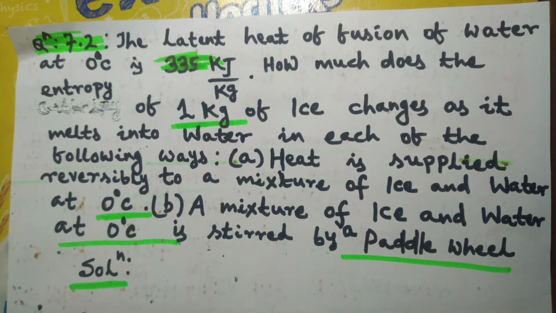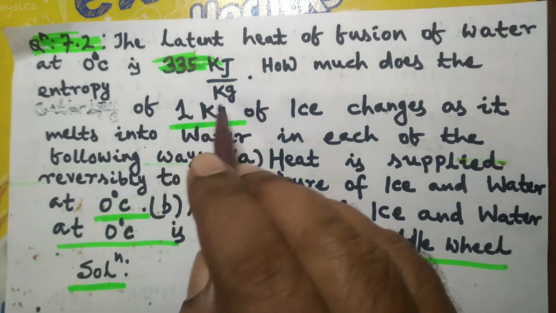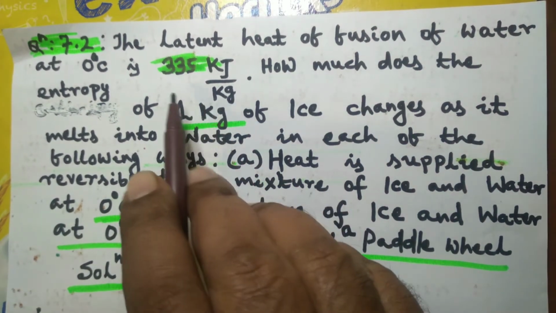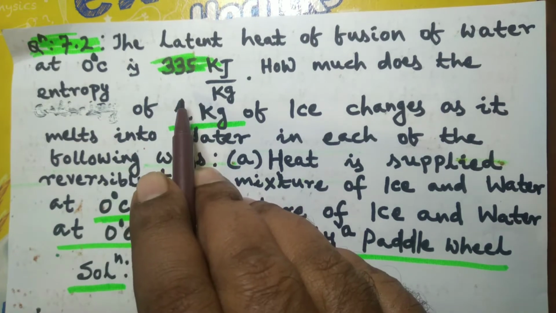Latent heat of fusion of any substance is the amount of heat required to convert 1 kg of solid into liquid or to convert 1 kg of liquid into solid. So that is given to be 335 kilojoule per kg for water at 0 degrees Celsius.